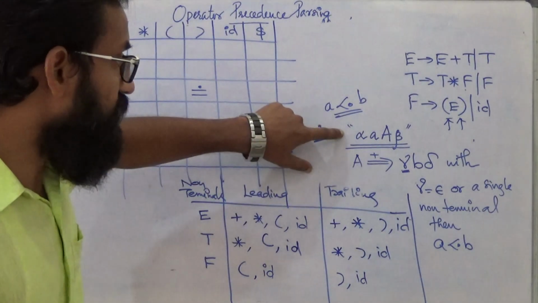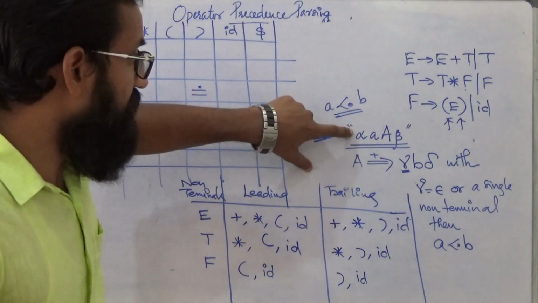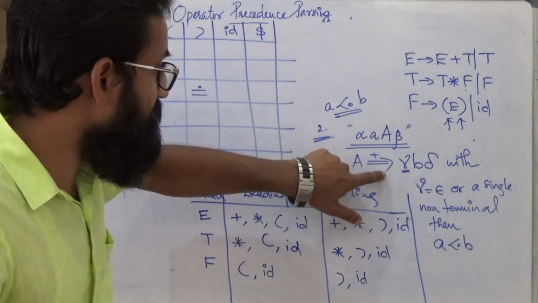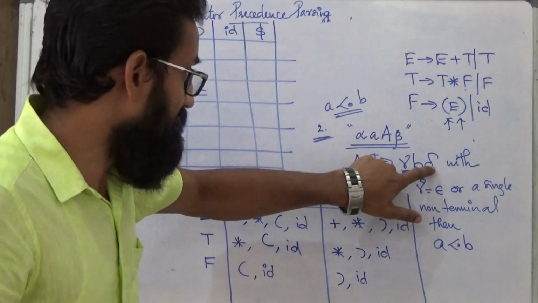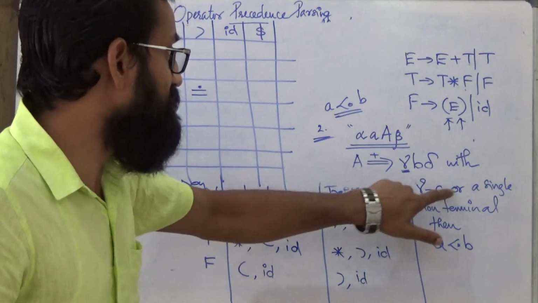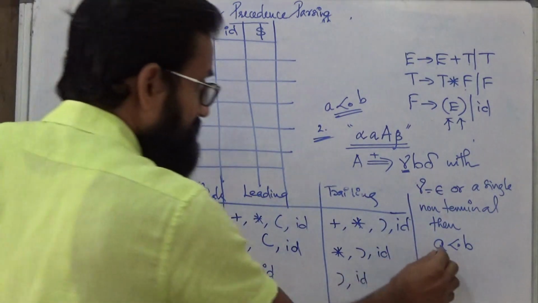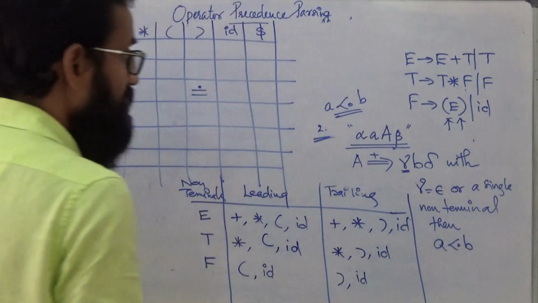If you are having a production whose right hand side is alpha A beta with A deriving gamma B delta, with gamma equal to epsilon or a single non-terminal, then you can say that A is having lesser precedence as compared to B.